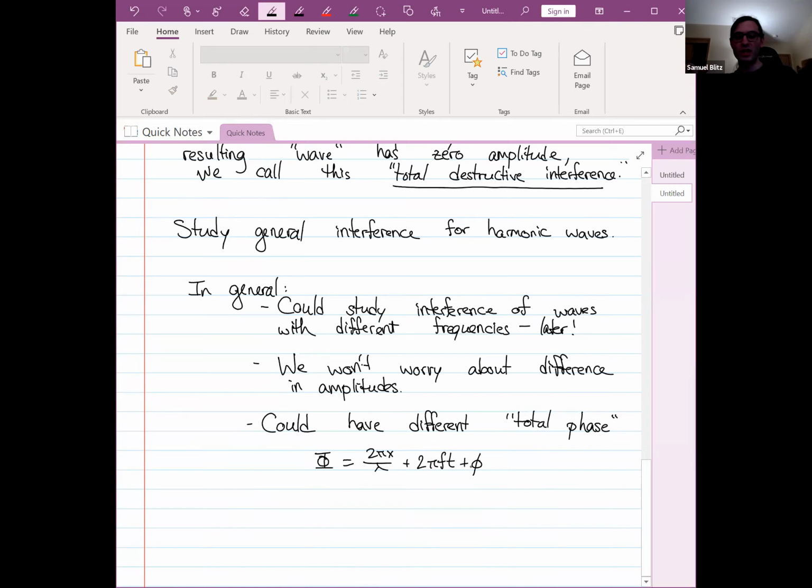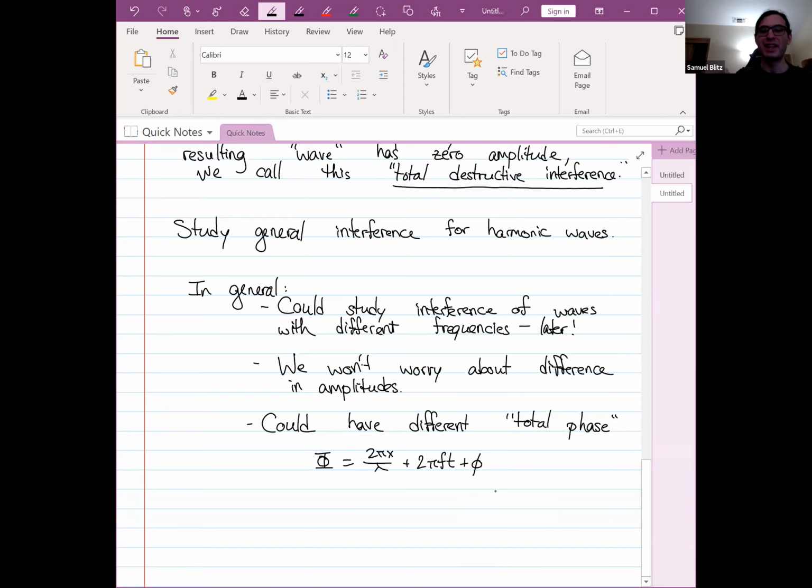And so as long as they have the same lambda, and as long as they have the same frequency, the only thing that would be different between 2 waves that have different phases is where the waves start, when they start, and what their phases are. You could imagine, for example, that you turn on a sound generator that generates a harmonic wave going that way at t equals 0 seconds, and then you wait 2 seconds, and then you turn on another one at t equals 2 seconds.